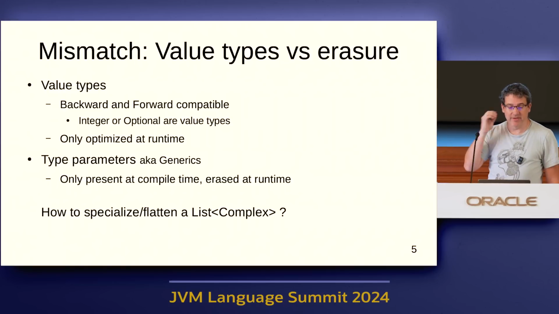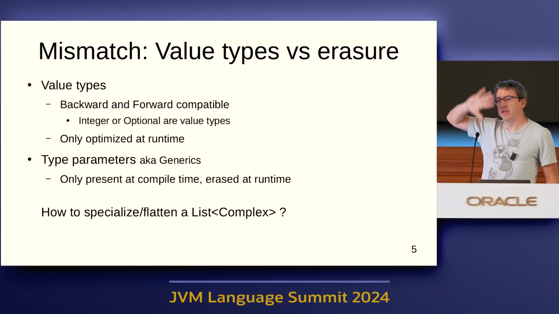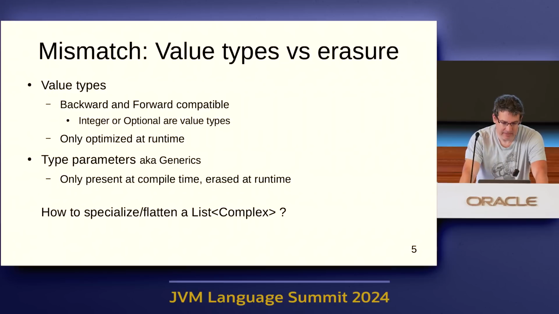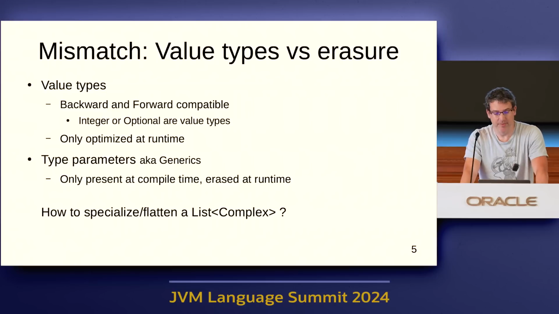Nothing is done at compile time. The only thing done at compile time is verifying that the class has the strict fields and so on. So basically, value types are only optimized at runtime.